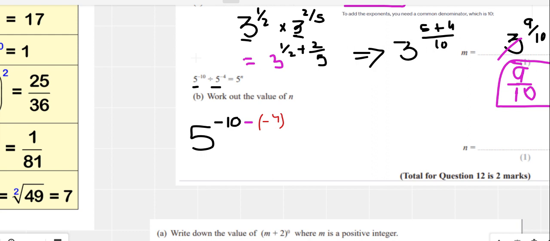So I am taking the left hand side. This will be equals to 5 to the power of minus 10, and now we need to open the bracket. Minus and minus become positive, so it would be positive 4, and this will give you 5 to the power of minus 10 minus 4, which is minus 6.